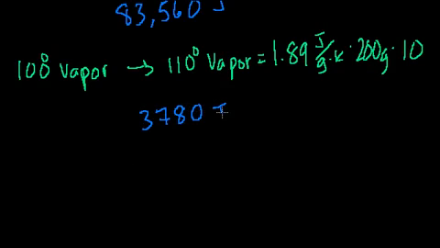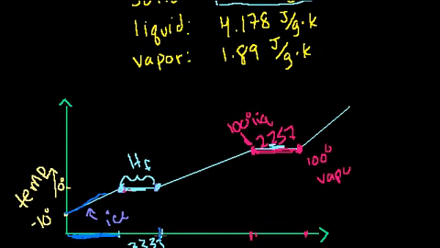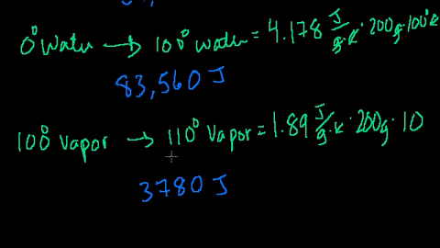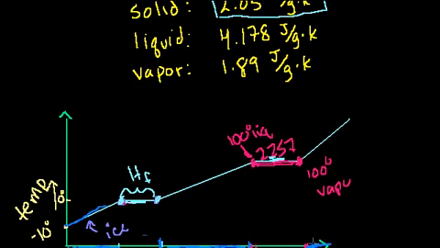3,780. And I just realized I made a horrible mistake. Because look, it's not an irrevocable mistake, otherwise I would re-record the video. But I just figured out the amount of energy to take it from 0-degree water to 100-degree water, which is this energy right here, right? And now I just calculated how much energy to go from 100-degree vapor to 110-degree vapor, which is that distance right here.